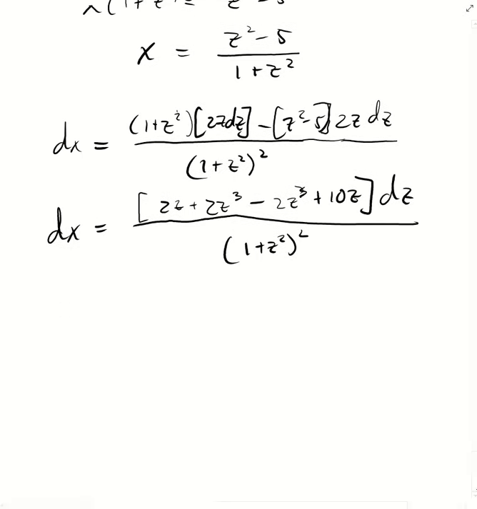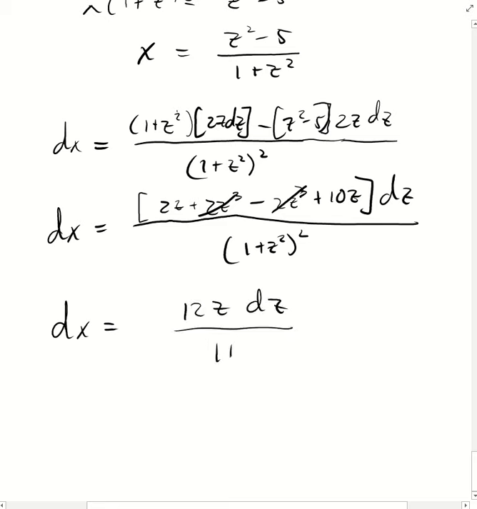Then we can cancel out 2z cubed. Then we can add that one, 2z plus 10z is 12z. So dx now will be equal to 12z dz all over 1 plus z squared.